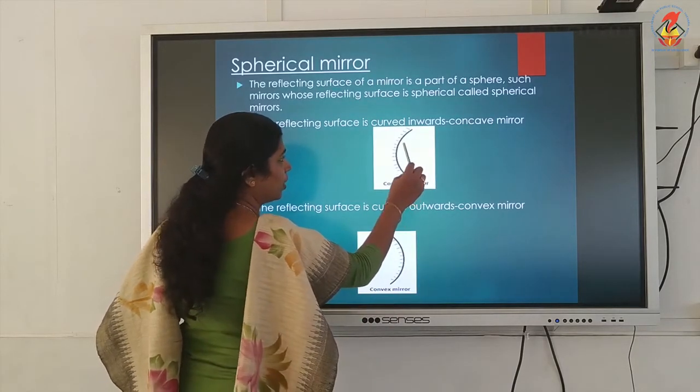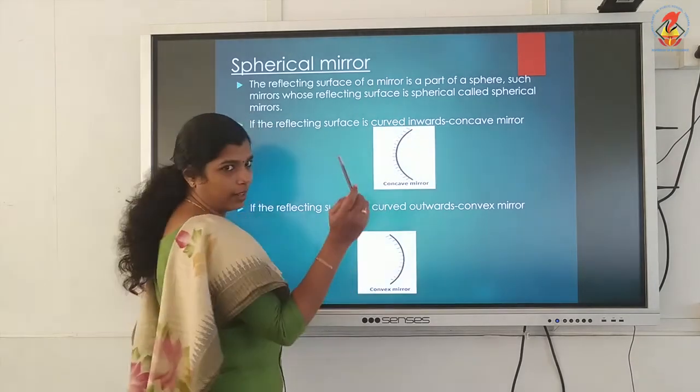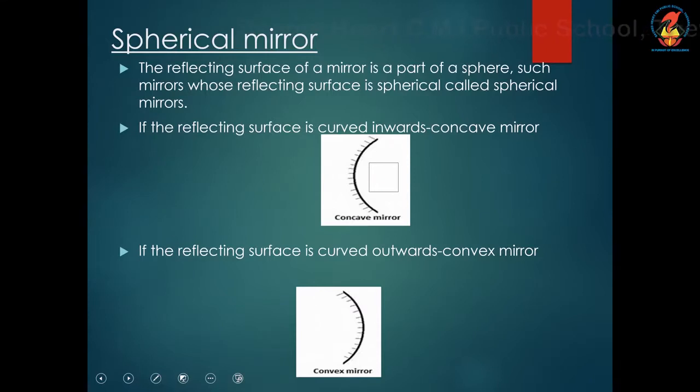Only this portion will reflect the light. This portion is curved inwards. That's known as a concave mirror. If the reflecting surface is curved inwards, that's known as a concave mirror.